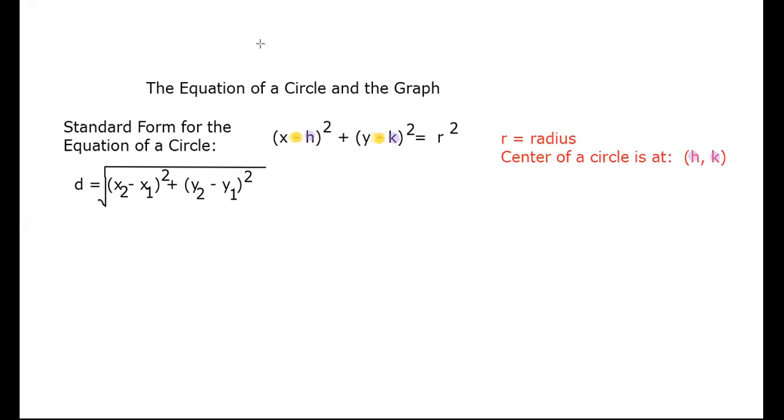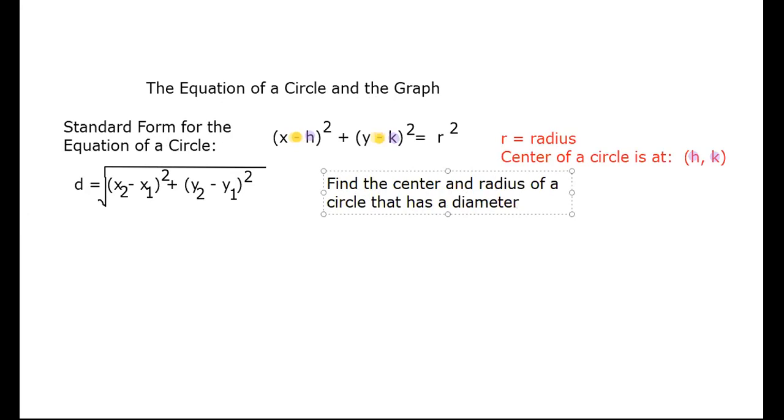Now, what if you're just given 2 points? This is what we're given. Find the center and radius of a circle that has a diameter with endpoints -4, 4, and 12, -8.